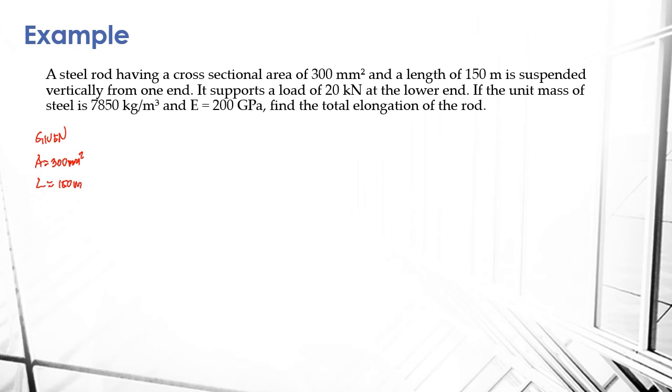Kanya, naa load or F is equal to 20 kilonewton at the lower end. So if the unit mass is 7,850 kilogram per cubic meter, mao na siya ito ang density, 7,850 kilogram per cubic meter, and E or ang modulus of elasticity is 200 times 10 raised to 9 pascal. Find the total elongation of the rod.